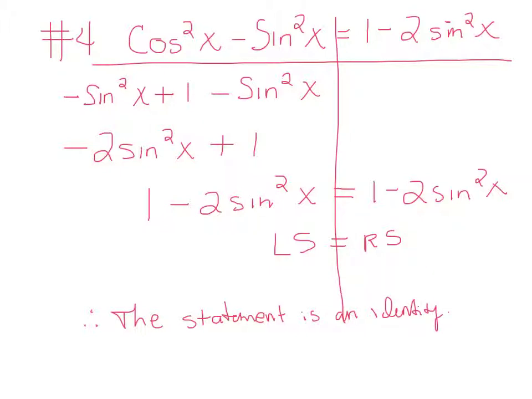Problem number 5 is sine of x multiplied by, in parentheses, tangent of x, cosine of x.